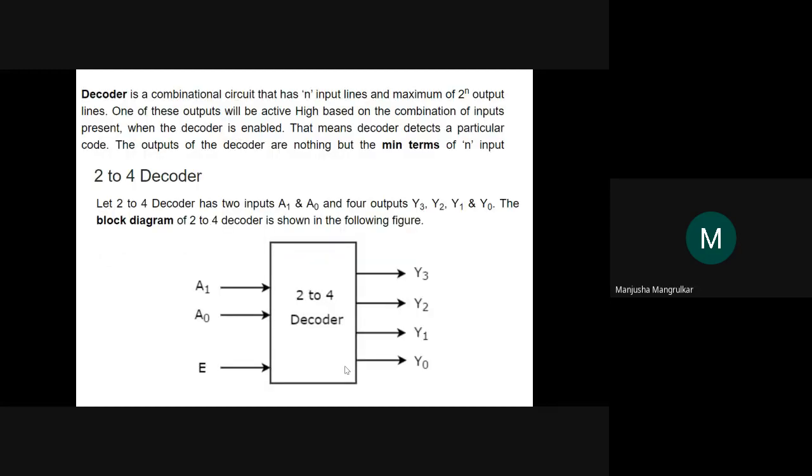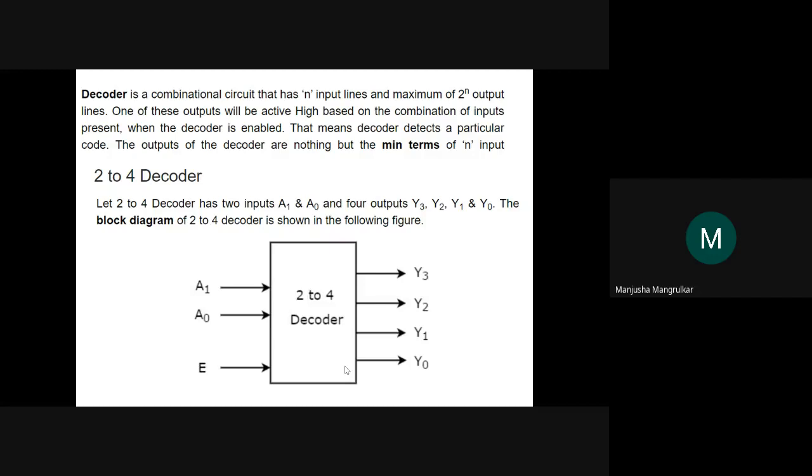Here we have seen the encoder, which has 2 to the n inputs and n outputs.